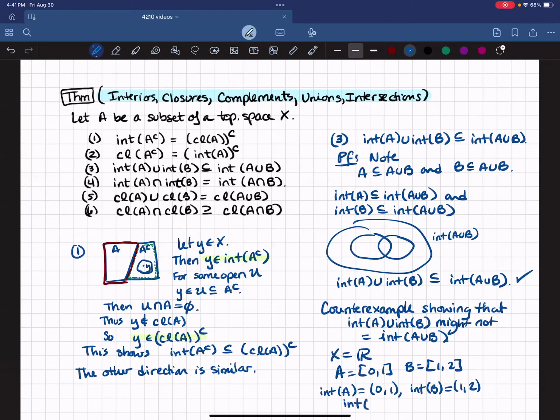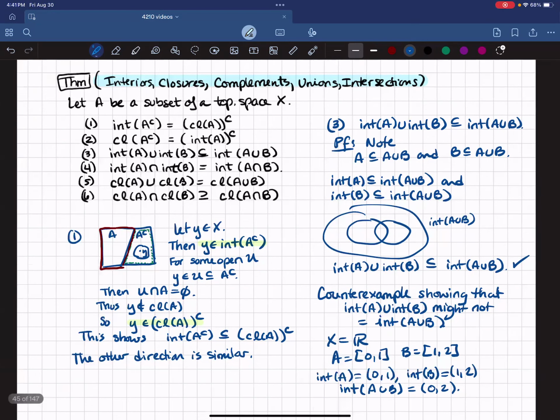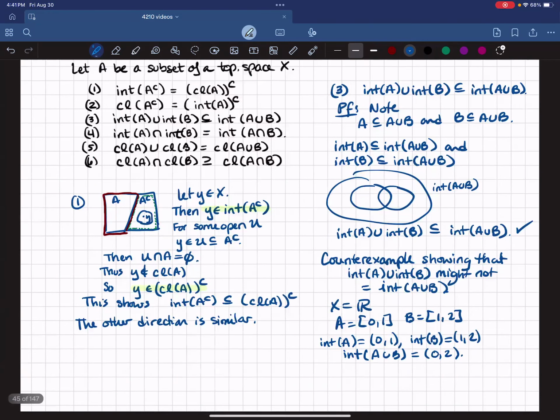But when I union A and B together, I get the whole interval from 0 to 2. And so the interior of A union B is the interval from 0 to 2. If I union up the interior of A and the interior of B, I miss the point 1. But when I do the interior of A union B, I include the point 1. And so those are different.